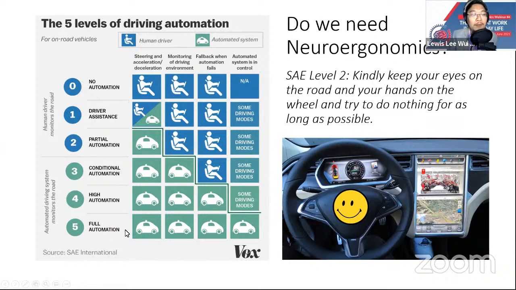Now, that's all fine and proper, unless you're a psychologist or a neuroscientist or a human factors expert. Because essentially, what you'd realize with SAE level 2, with partial automation, is that you're instructing the user to keep their eyes on the road and to keep their hands on the wheel, and try to do nothing for as long as possible, whilst presenting them with a really tempting big screen at the side to be doing all sorts of other stuff, right?